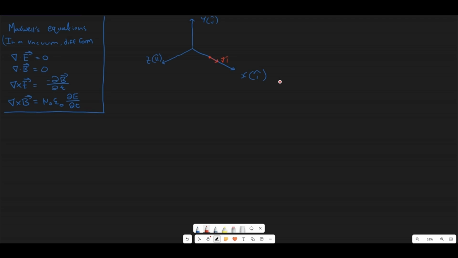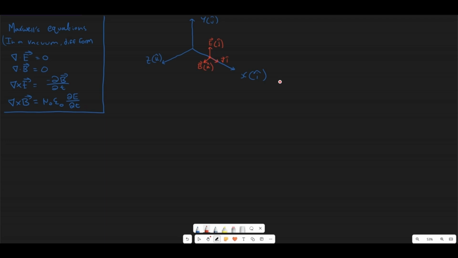And so as it propagates through space, this electromagnetic wave will have an electric field that we will call E, and it will also have an associated magnetic field that is also perpendicular to the other two and will be the magnetic field, so B. And so the electric field will just act in the J direction, and this magnetic field will only act in the K direction.